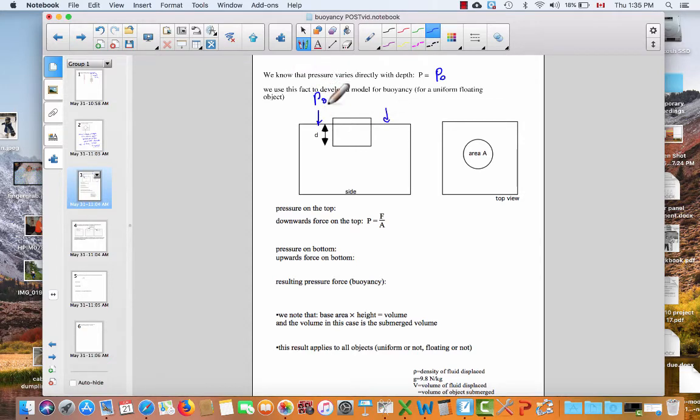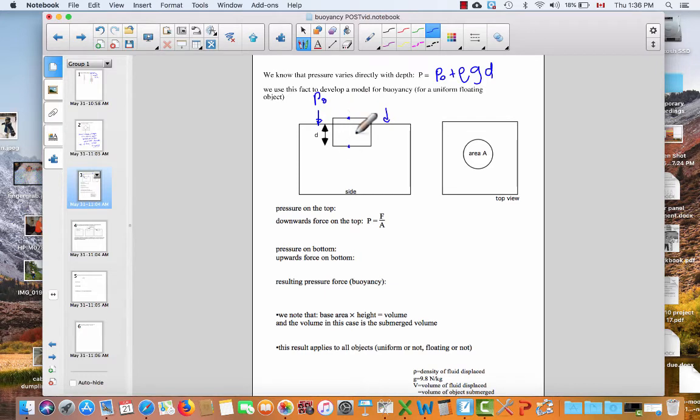That's the weight of the atmosphere, the air pressure, plus a little bit more due to the weight of the water. And this is the density of the water. This is the Earth's gravitational field, 9.80, and this is the depth d that we sit in the water. So we'll use that to do a little derivation. So that'll be the pressure down here on the bottom.